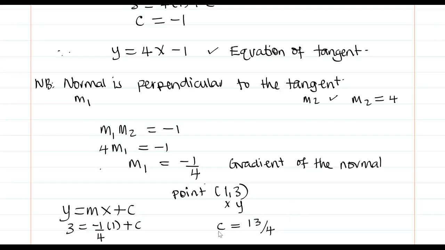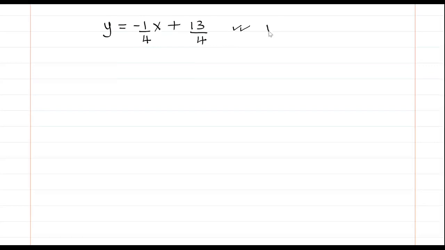Since we have c and m, we can write our equation. So the equation becomes y equals m, the gradient -1/4, times x, plus c, which is 13/4. And therefore, this is our equation of the normal to that curve.